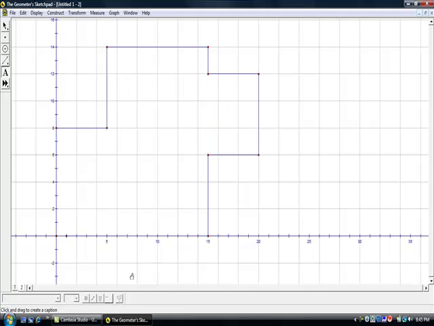Okay, a slightly different way to do it is, instead of adding all those rectangles up, I could look at this big rectangle here, if I were to complete this.